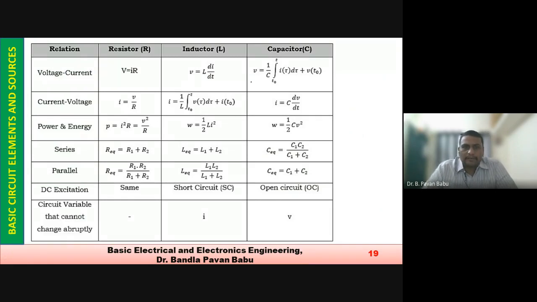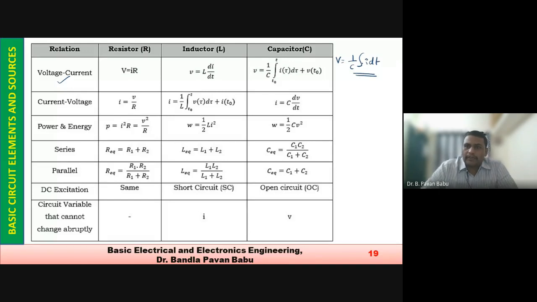And coming to the capacitor, let us now see the voltage and current relation in the capacitor. So V equal to 1 by C integral I dt. For easy understanding, you can use this relation: voltage across the capacitor equal to 1 by C integral I dt.